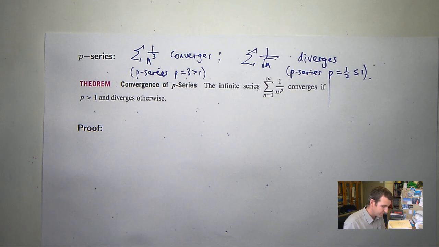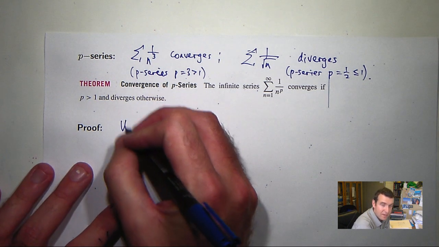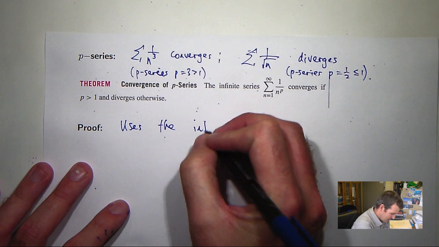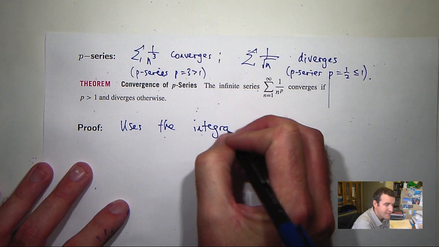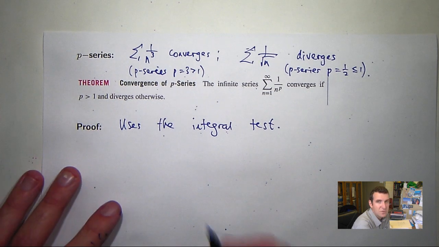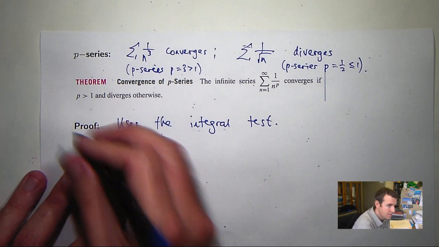Now, the proof of this result uses the integral test. Let's have a look at this. Basically, we divide the proof into two parts: when p's strictly greater than 1 and when p's less than or equal to 1. So let's apply the integral test and do a real short proof. It's only 2 lines.